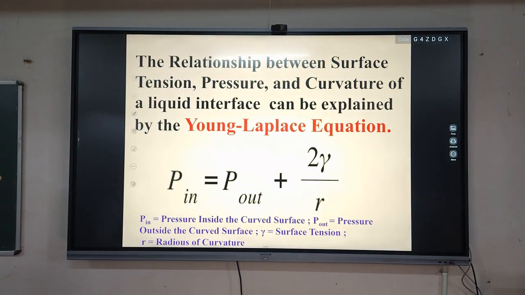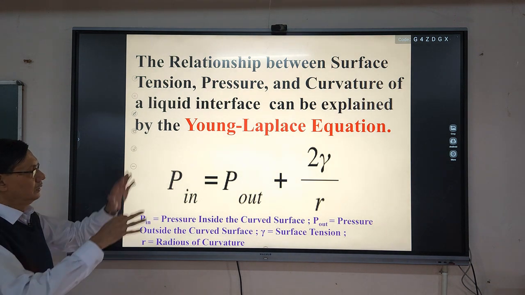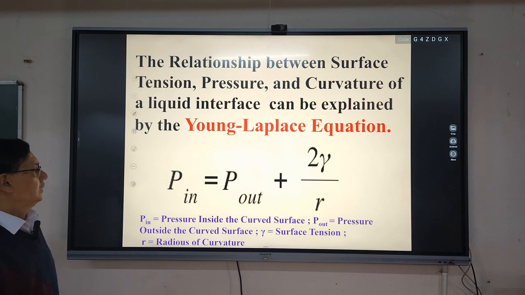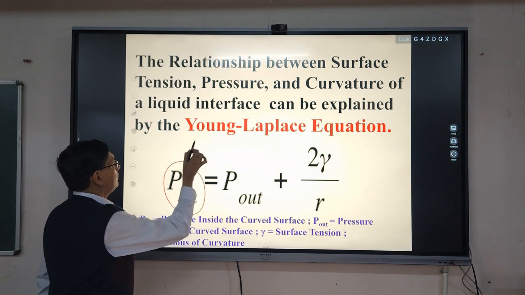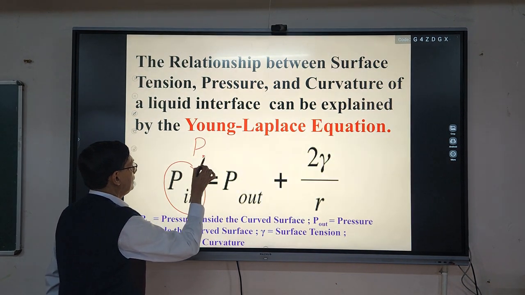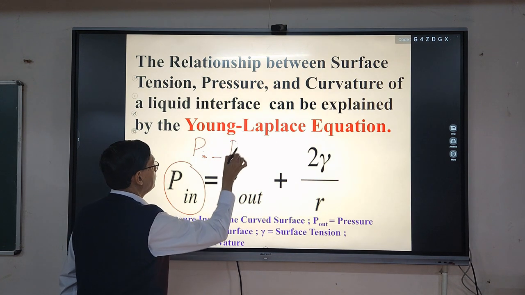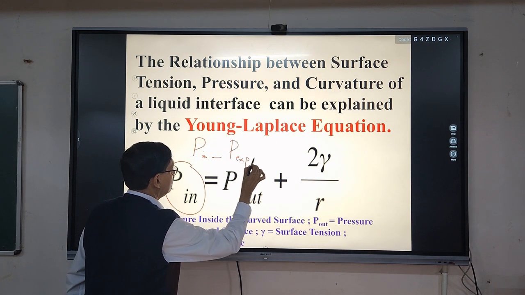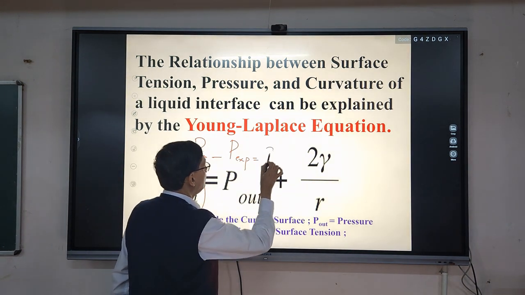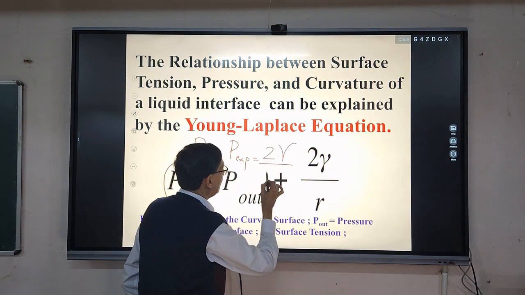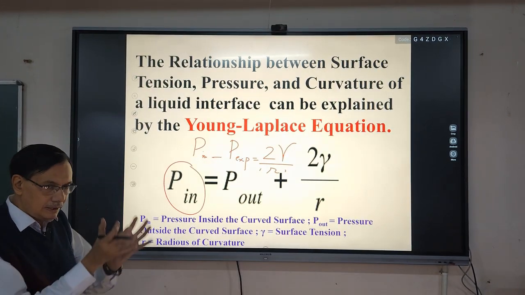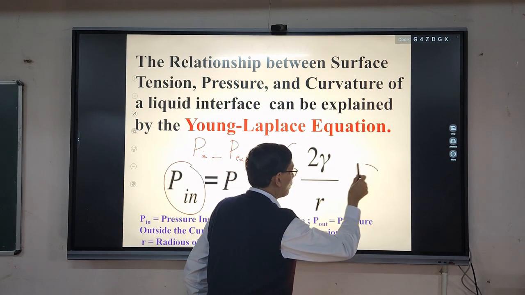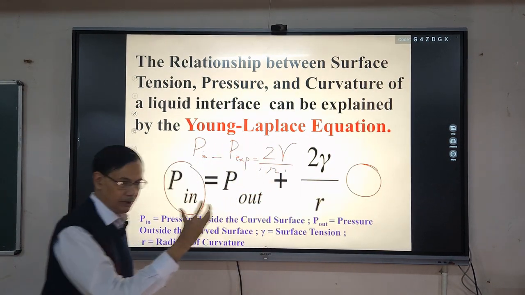Let me derive this equation, but before I go to the derivation, this is the equation: P internal minus P external is equal to 2 gamma divided by R, where R is the radius. Always remember that here you are considering that this water is a spherical droplet.